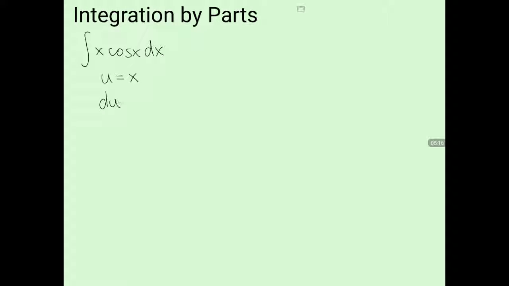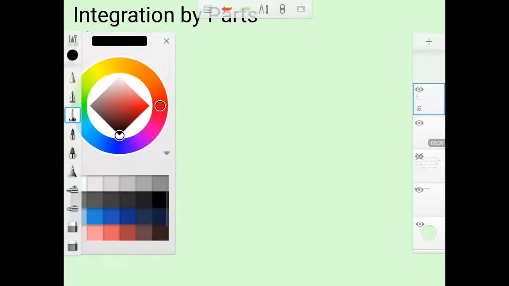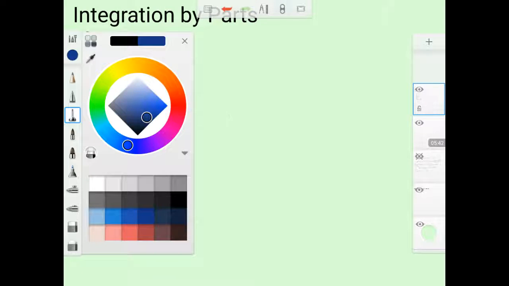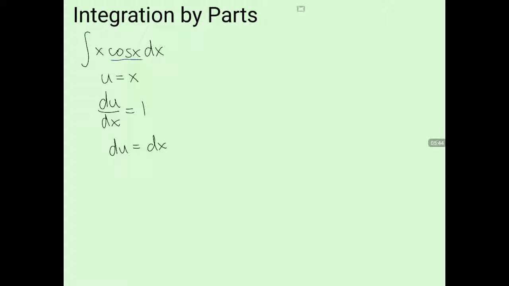So du over dx is going to equal 1. Or another way of writing it is du equals dx. So what we've done is just we've moved this dx over to the other side. And if u equals x, then what is going to be our dv? Well, if u equals x, then this is going to be our dv.